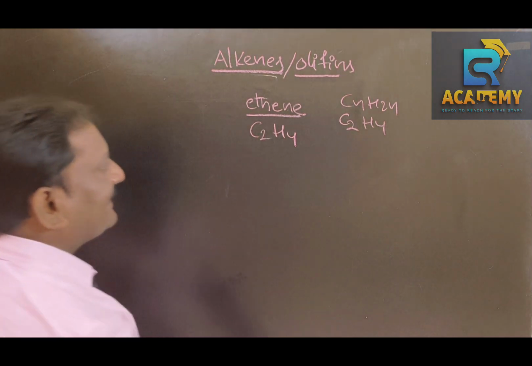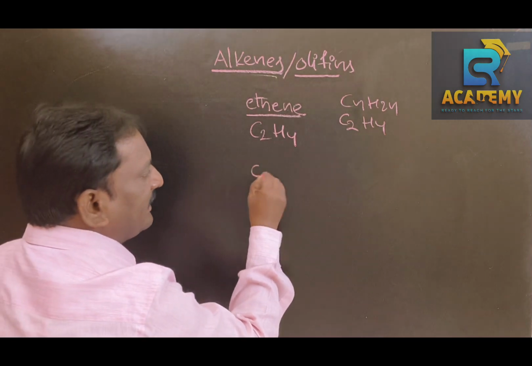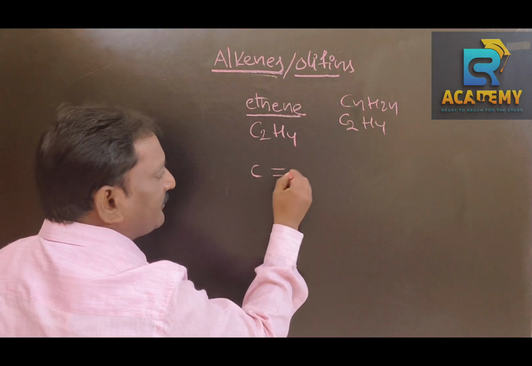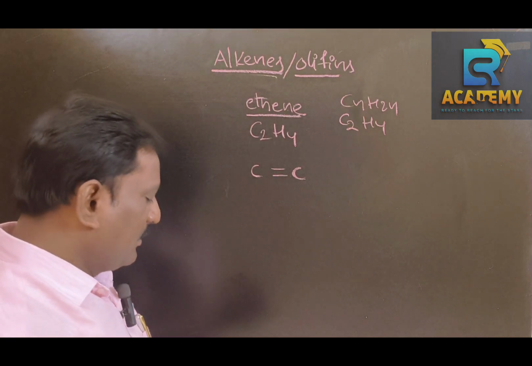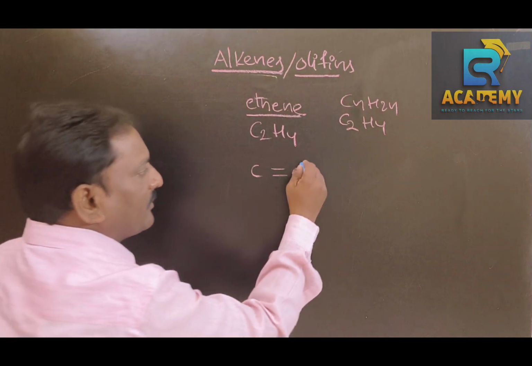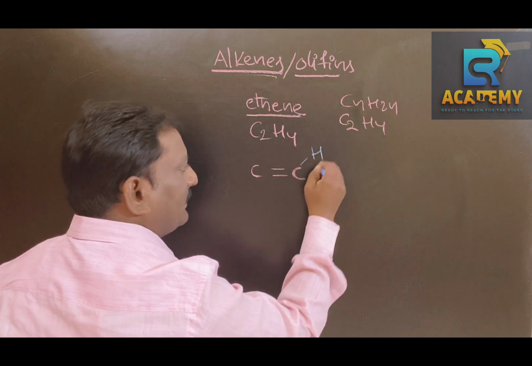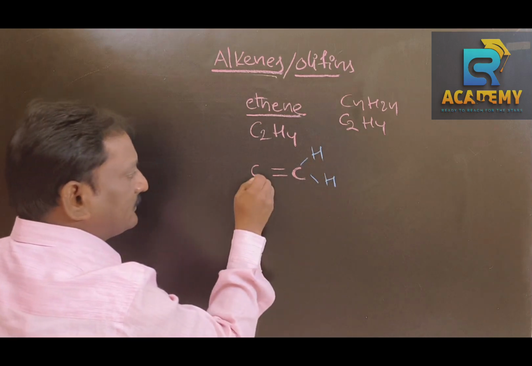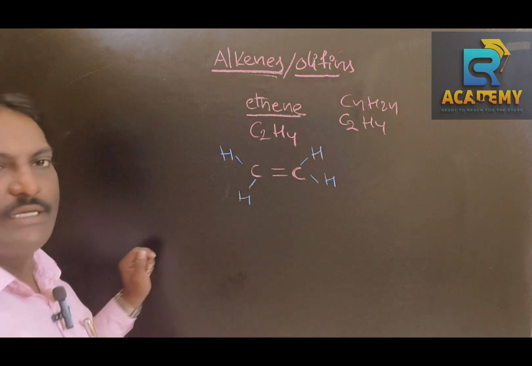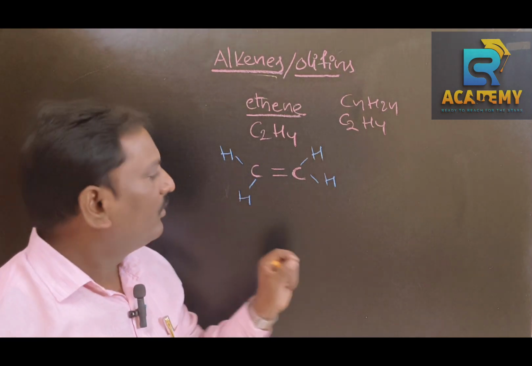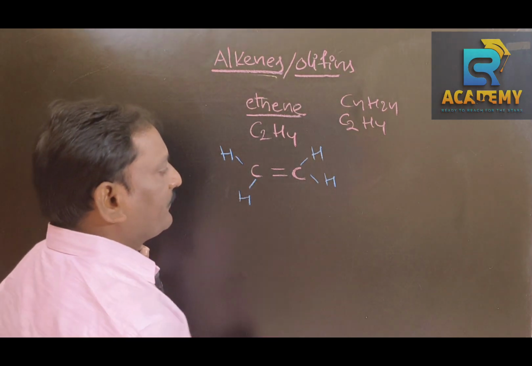Next, the detailed structure. At least one double bond must be present between carbon and carbon in case of alkenes. The remaining valence of carbon must be filled by hydrogen. So this is the detailed structure of ethene.